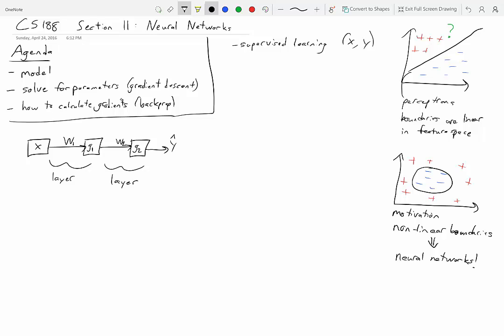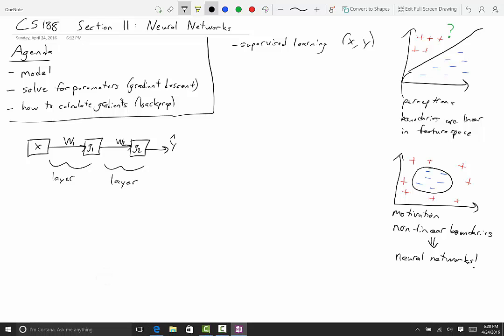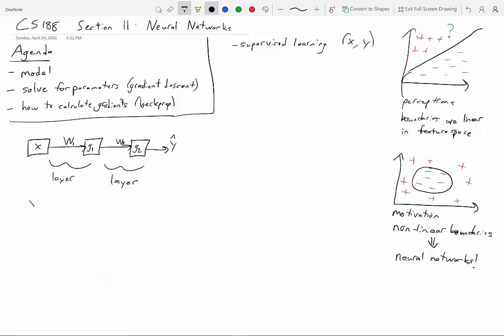So we can write this as a function. So what is Y hat? Well, first we take x, our data. In general, it can be a vector. So if it's a vector, then we multiply it by matrix W1, and then we apply this function G1, which operates on each entry of the vector W1x. And then we do this again.